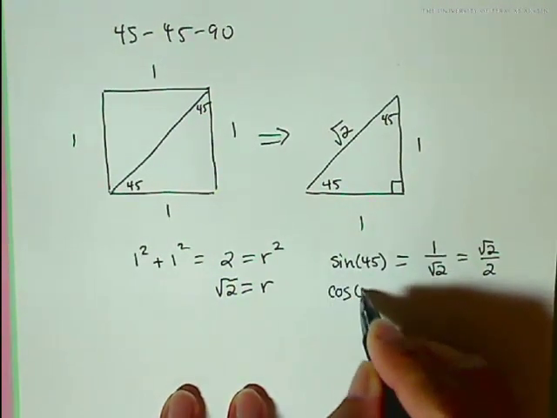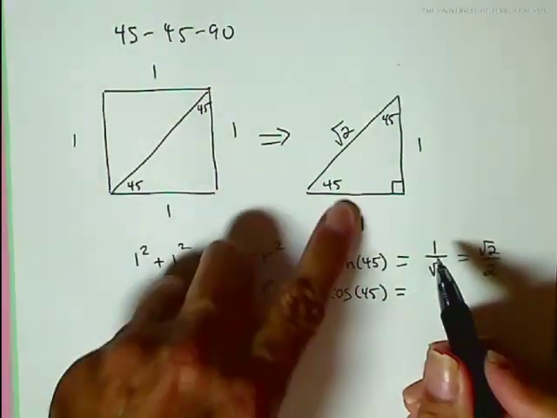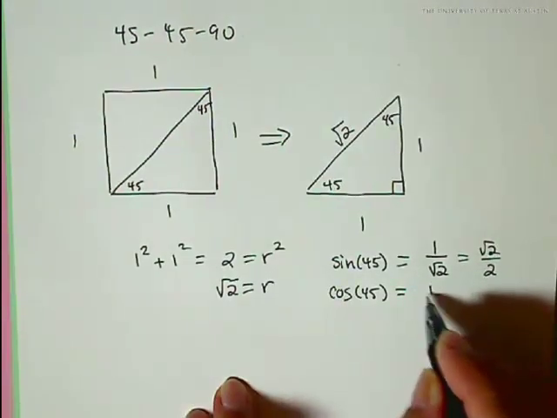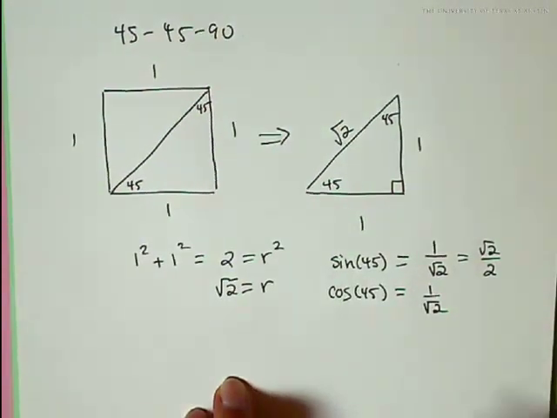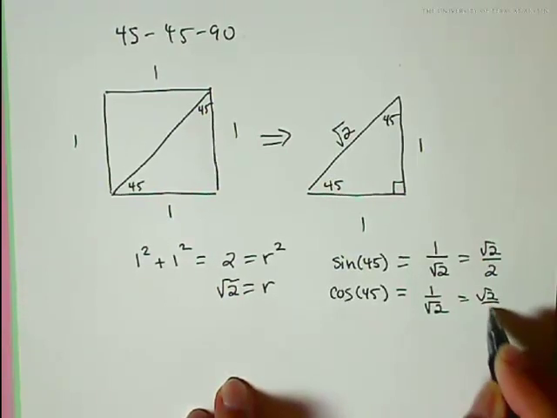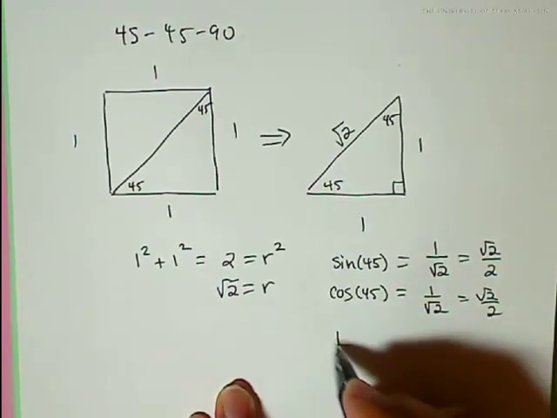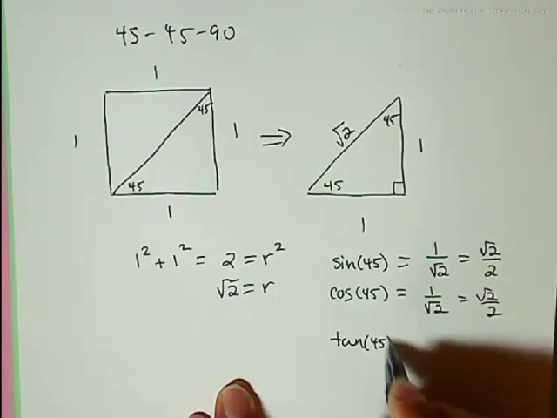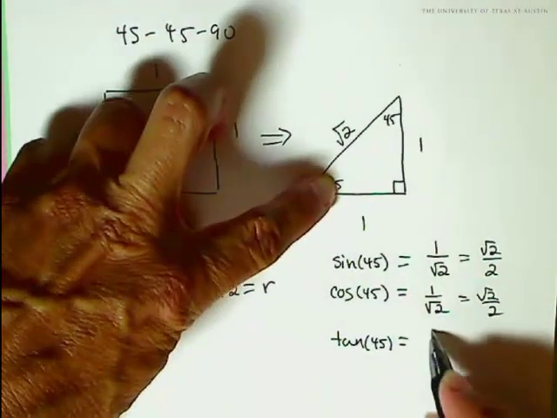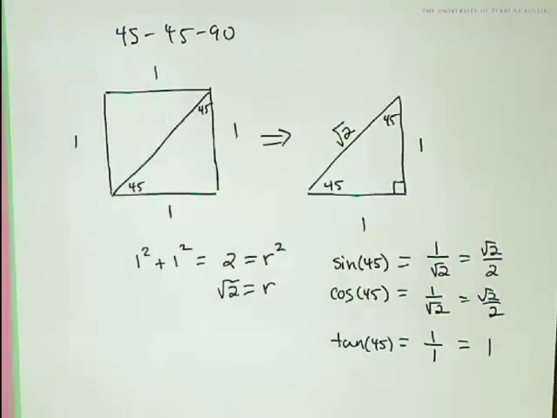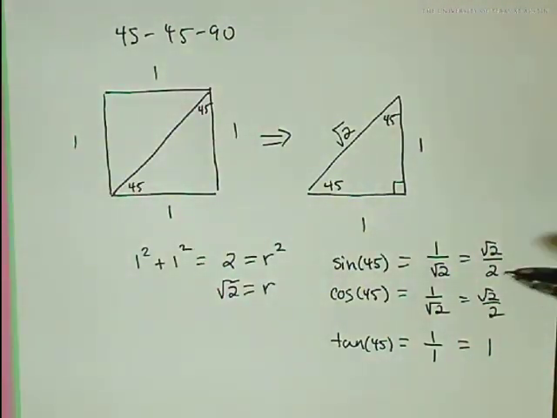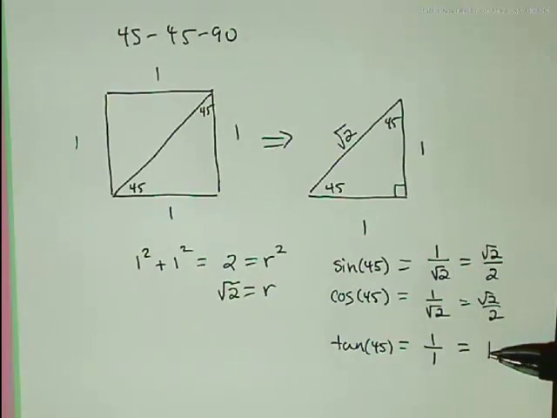The cosine of 45 degrees is adjacent over hypotenuse, also 1 over the square root of 2, or the square root of 2 over 2. And lastly, the tangent of 45 is equal to opposite over adjacent, or 1 over 1, which is just 1. All right, so we are going to want to remember these ratios on this very special triangle.